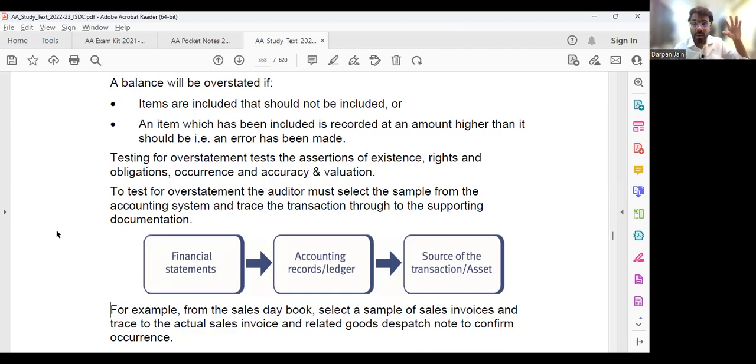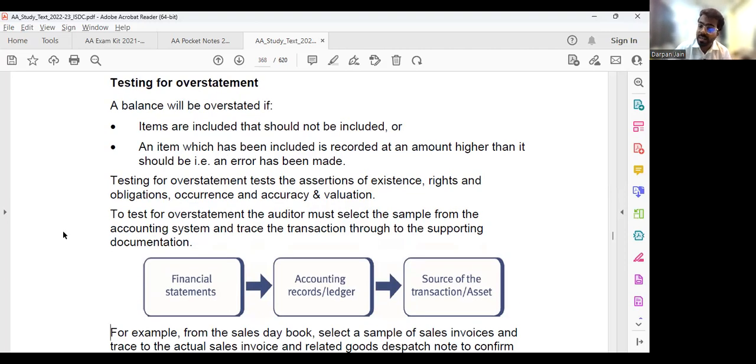For example, if I'm an auditor selecting a sample of physical assets and tracing it back to the financial statements to see whether they have been recorded or not, I am checking for completeness, as to whether all the fixed assets which are physically existing have been recorded in the financial statements.